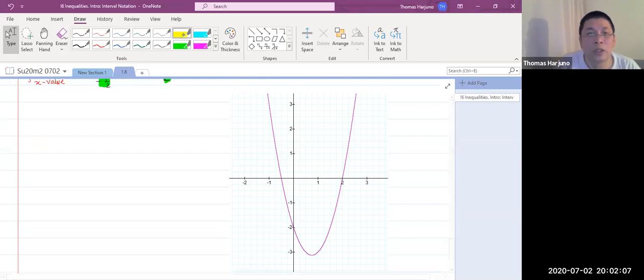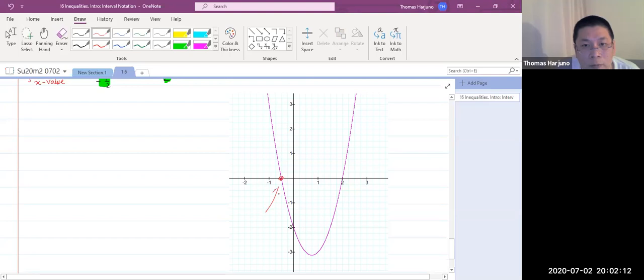Now, you see that negative 1/2 is located here, and this is the 2.